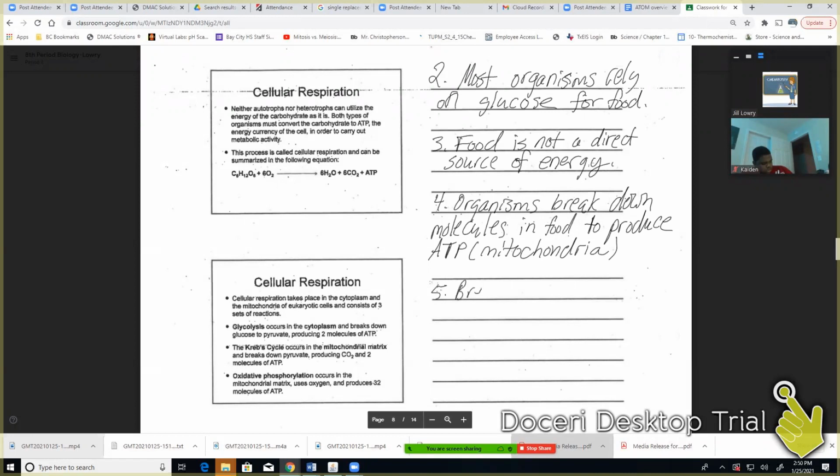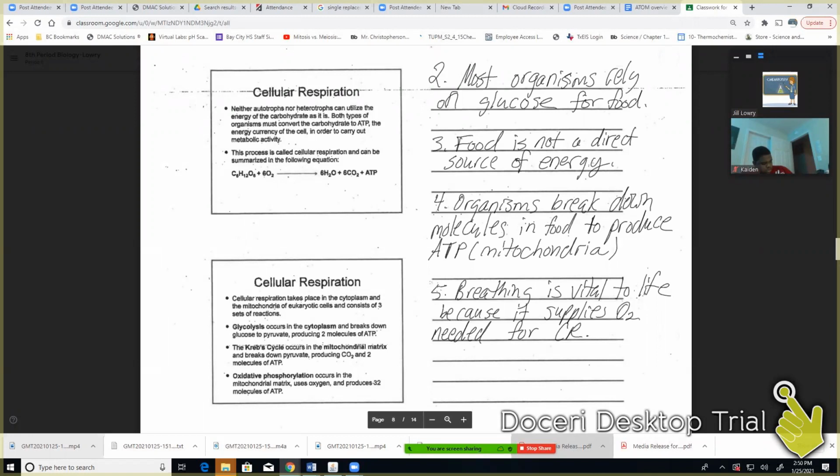So breathing is vital to life, because it supplies oxygen, obviously. I'm going to put O2 for oxygen, needed for cellular respiration.